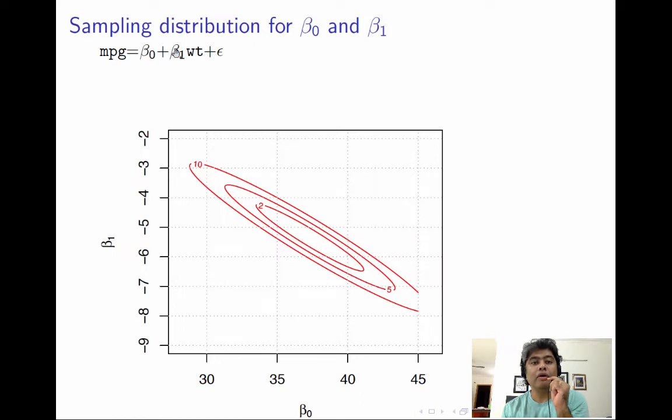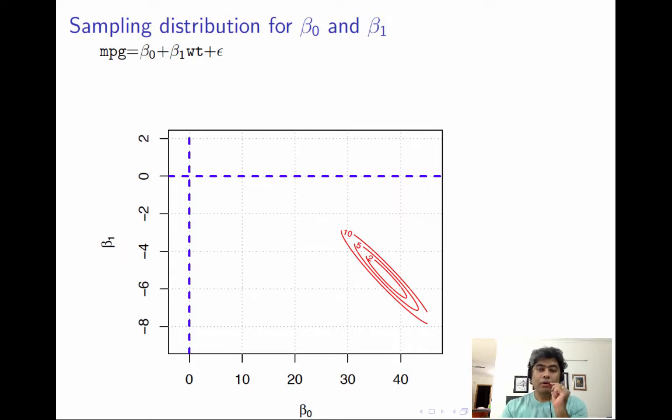For this model we will get a sampling distribution of beta naught and beta 1, which will follow a bivariate normal distribution, with a mean for beta naught maybe somewhere between 35 and 40, and for beta 1 somewhere between -5 and -6, with some variation.